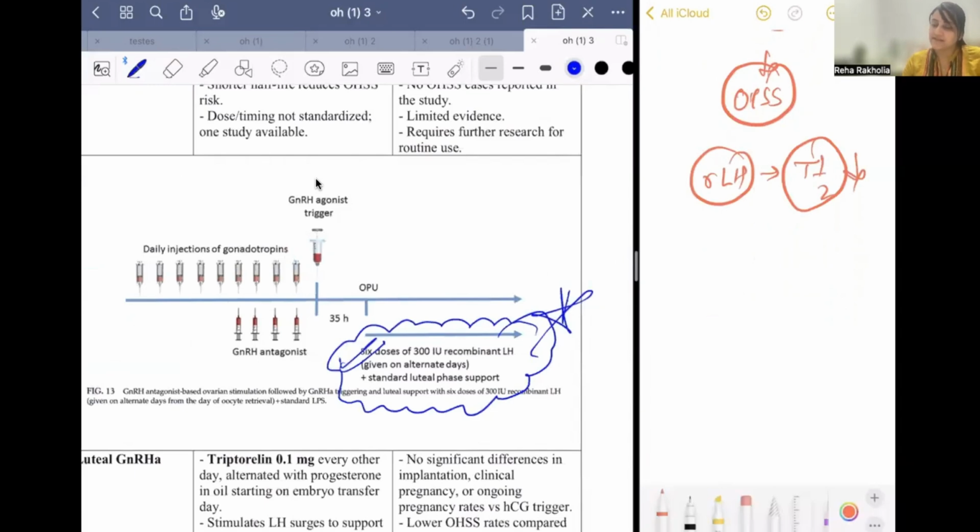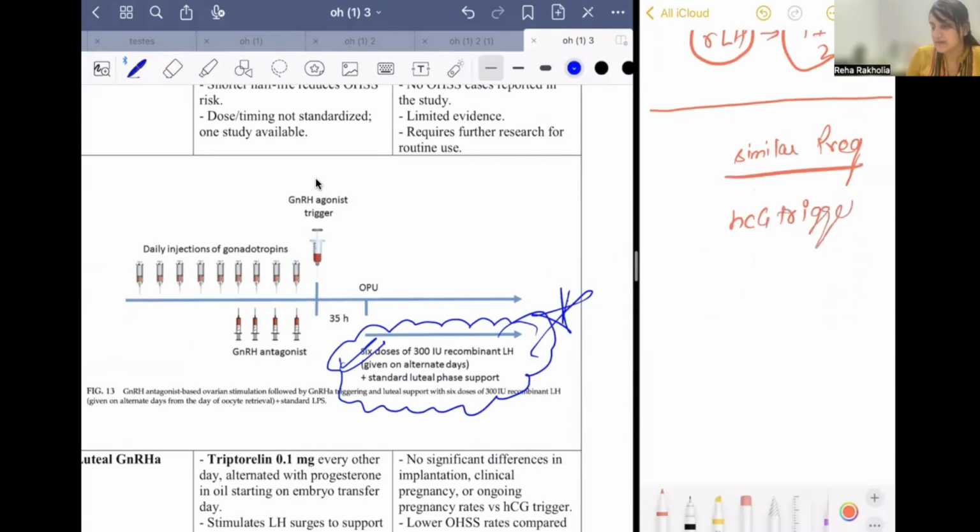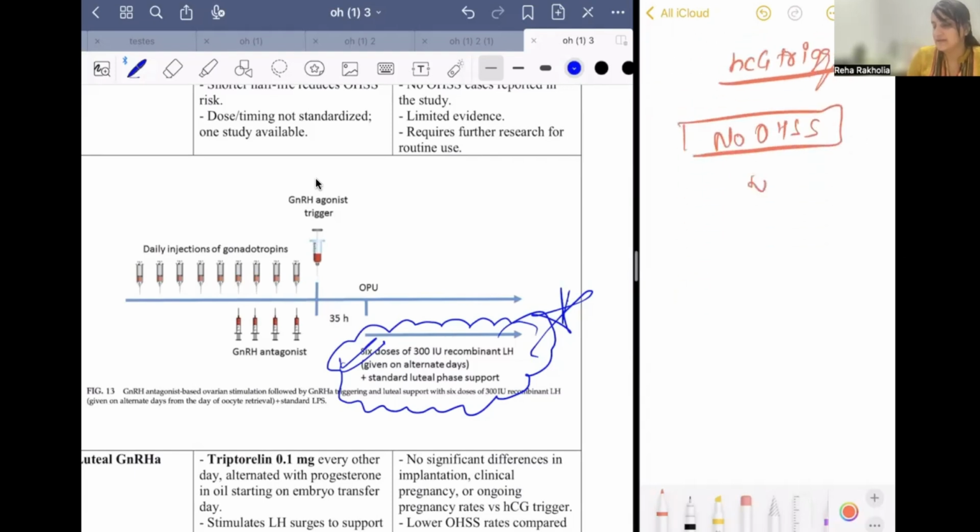So clinical studies suggest that using recombinant LH for luteal phase support result in the similar pregnancy compared to HCG trigger. No OHSS case was found who received recombinant LH for luteal support.